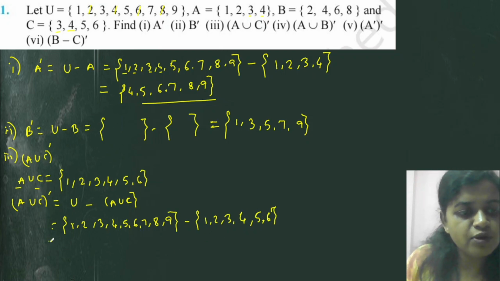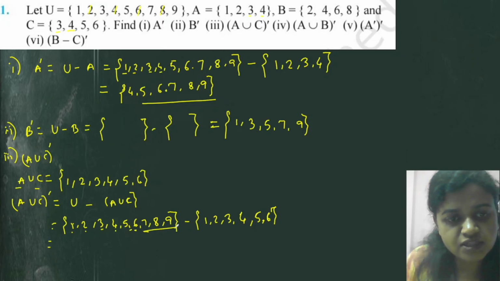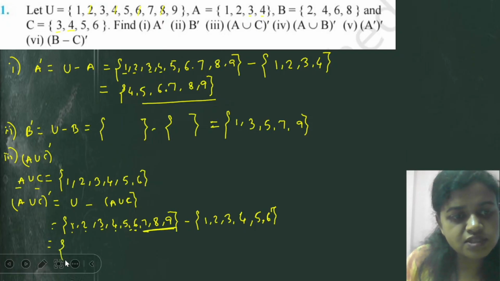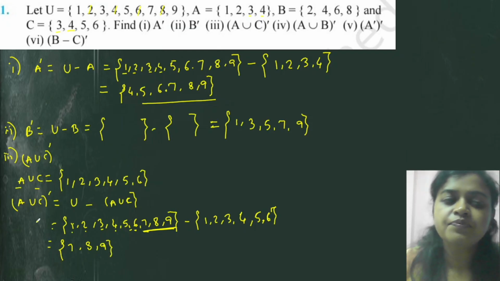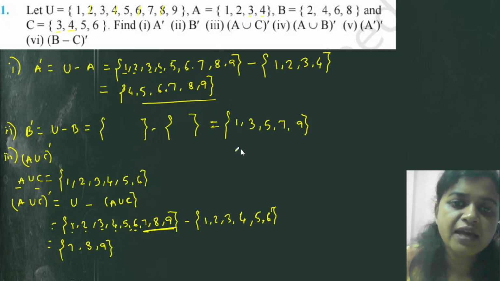Clear? And you have to remove this, 1, 2, 3, 4, 5, 6. So you'll get 7, 8 and 9. This is the answer of A union C whole complement. Got it?